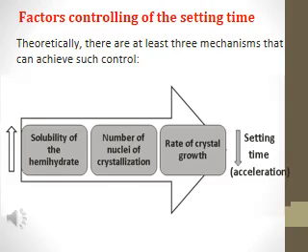The material sets faster. This means that the setting time is decreased. So decreasing this setting time or the word acceleration, it is the same meaning. This can be achieved by increasing all these factors or one of them, so the setting time will be decreased.